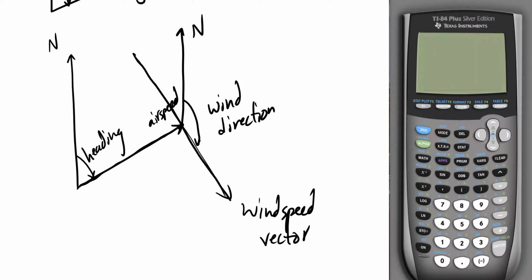So the point where we started and where this ended, this is called the ground speed.